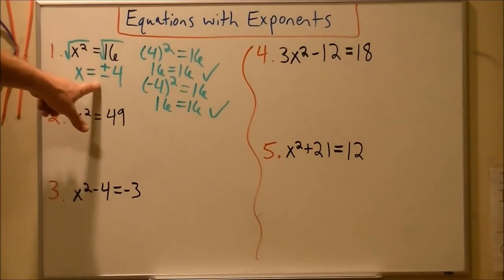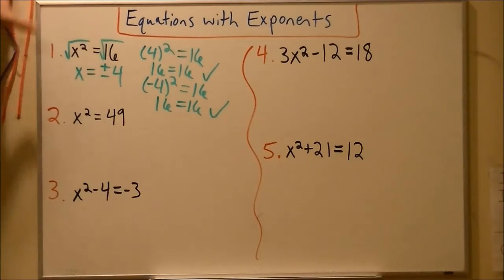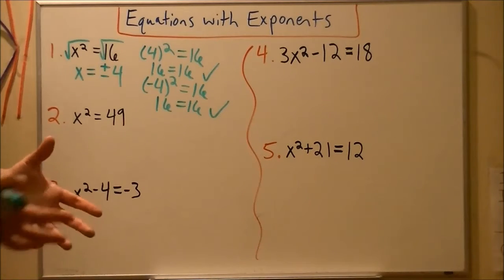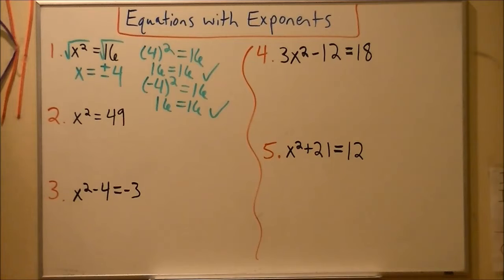And that's why when you're taking the square root of something to get rid of a square, your answer always has to be in plus or minus form, because either one of those is mathematically true. This is a unique thing to the square root, but just be aware of that and use it in all of these answers when we're applying the square root to numbers.